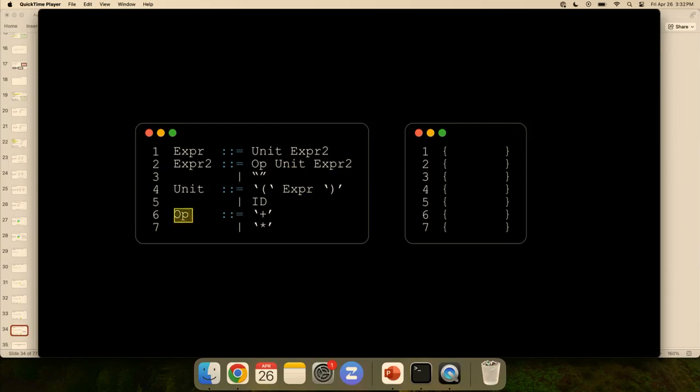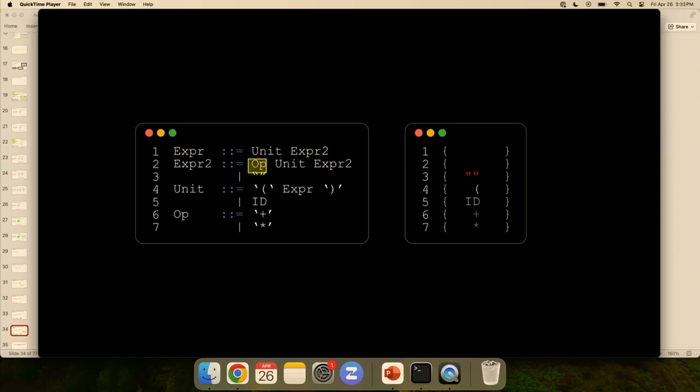Going from the bottom rule, we just take the first terminal that we see and store it over there. So you have your asterisk, then your plus, and then your ID. And going up, your left parenthesis. Now we're at expr 2, and the process is the same. You have the empty string, but now at the up, it's a non-terminal, isn't it?